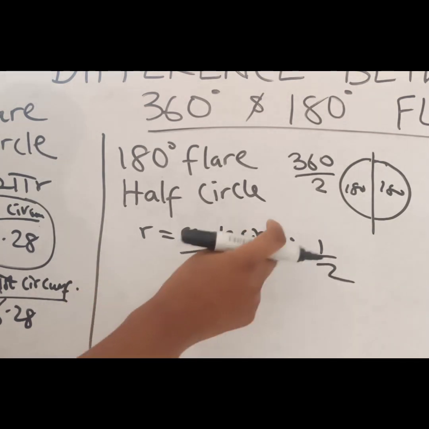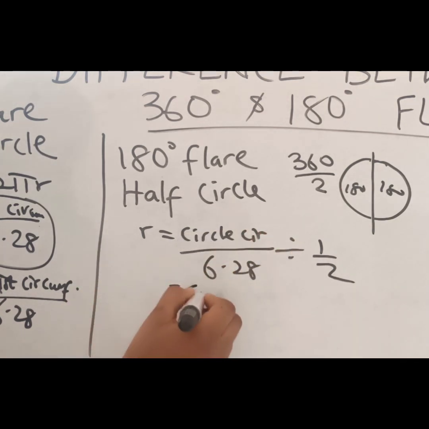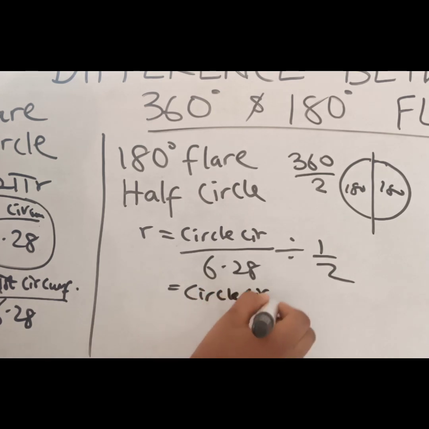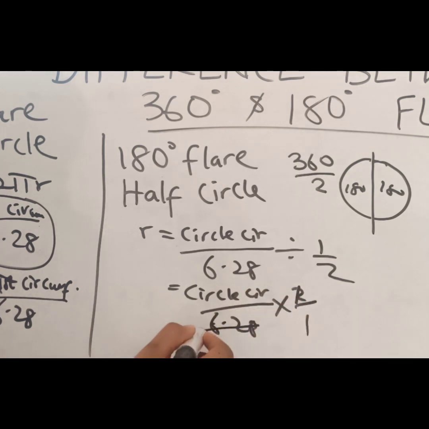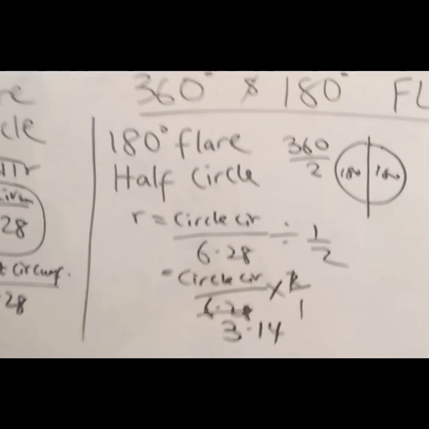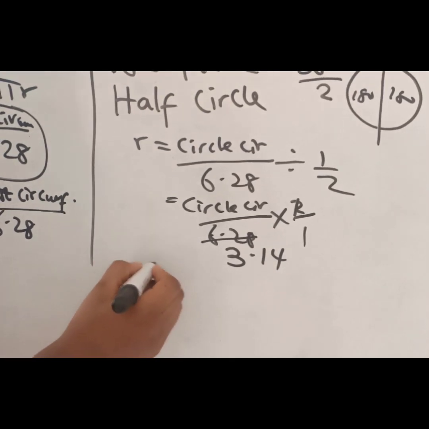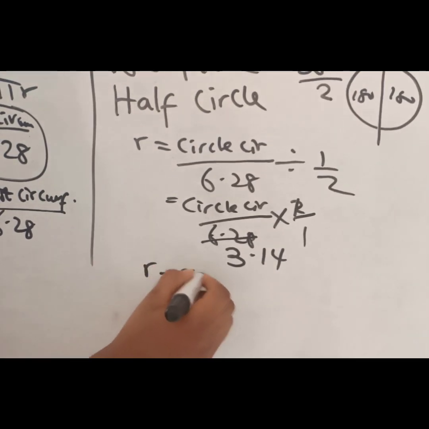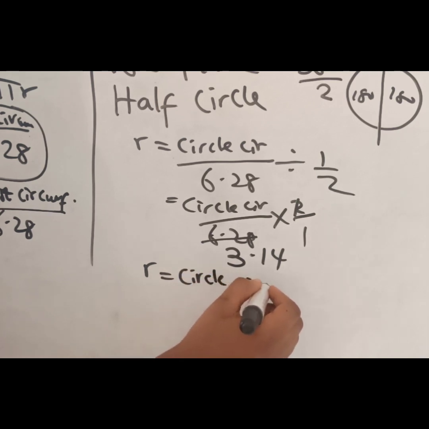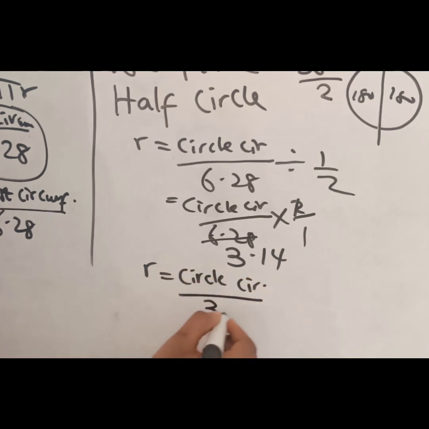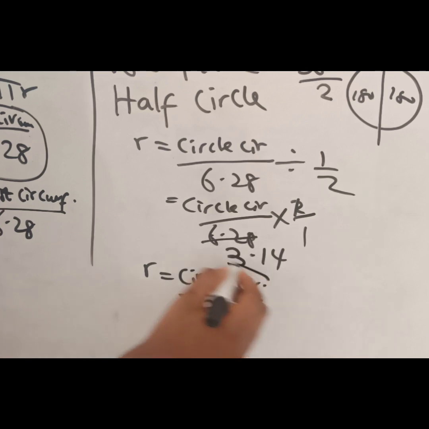And if you are going to do this from mathematics, you have circle circumference over 6.28 times 2 over 1. So this 2 will now divide this 6.28, and we now have 3.14. So for the half circle, the formula is r equals circle circumference over 3.14.